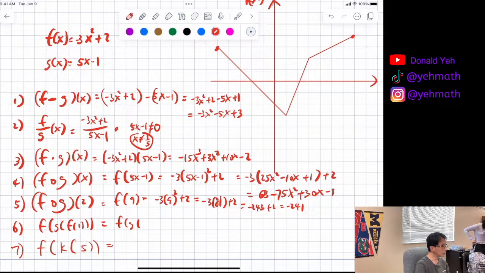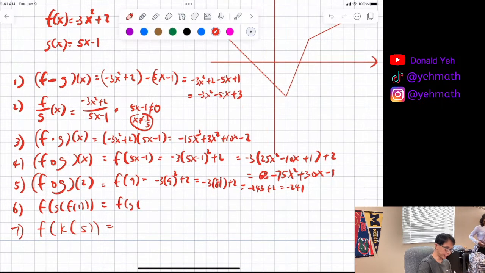I don't understand how you put that in. What? For this one? I haven't gotten there yet. Okay, wait, hold on a second. Your 5 is not correct. Oh, I used the wrong number. You used 2. Yeah. Okay, so g of f of 1 is negative 1, I believe.